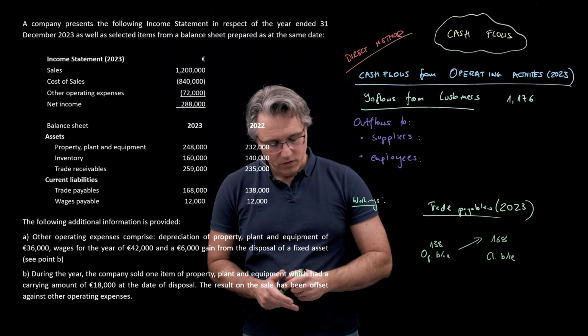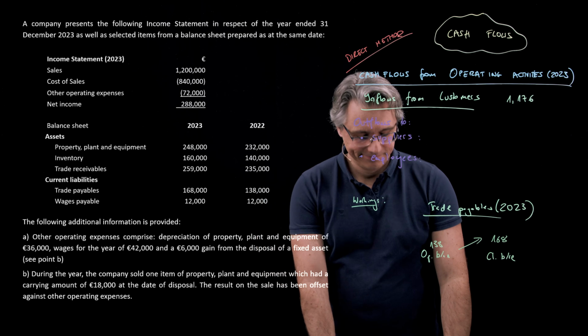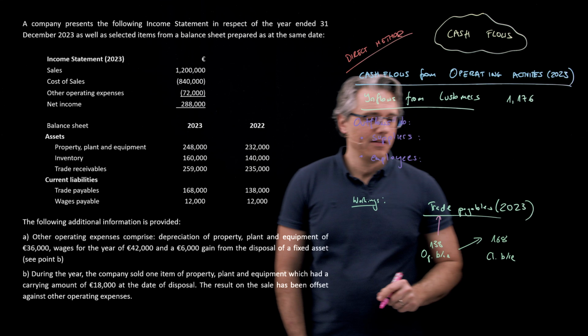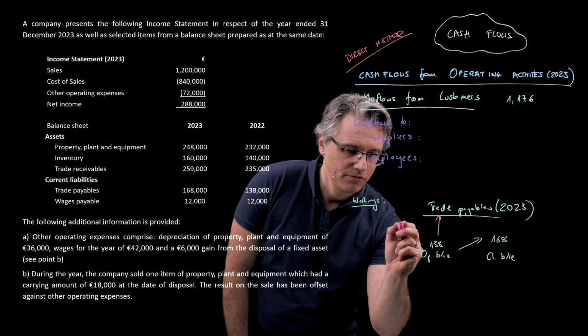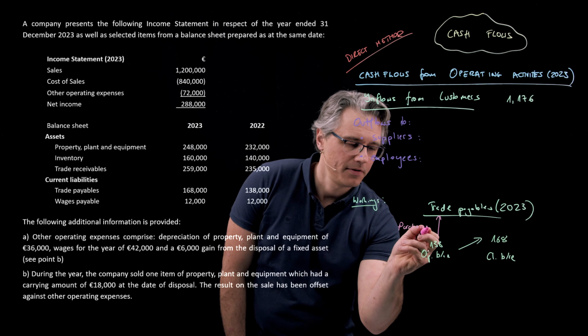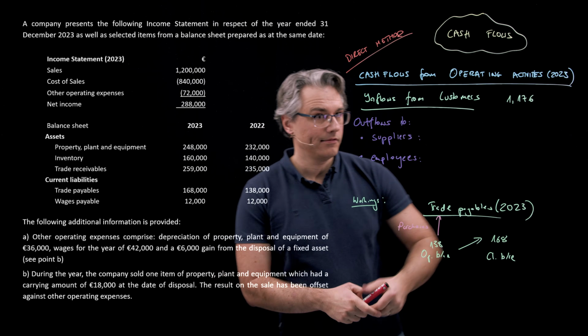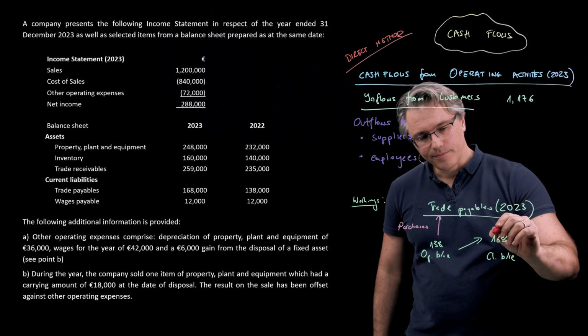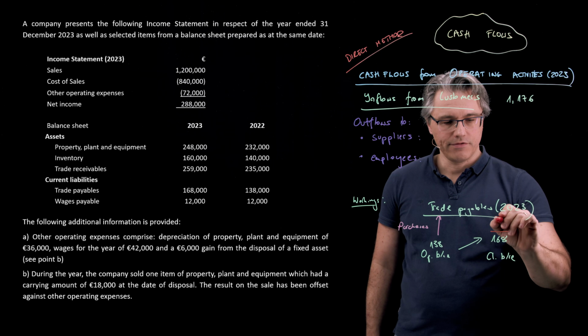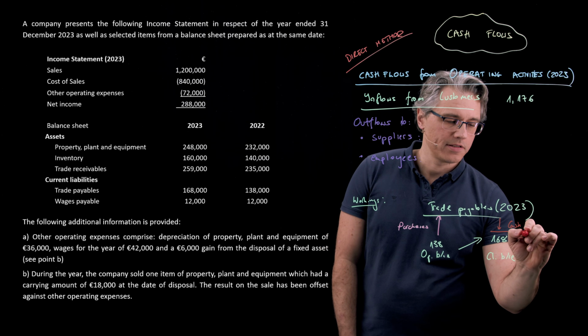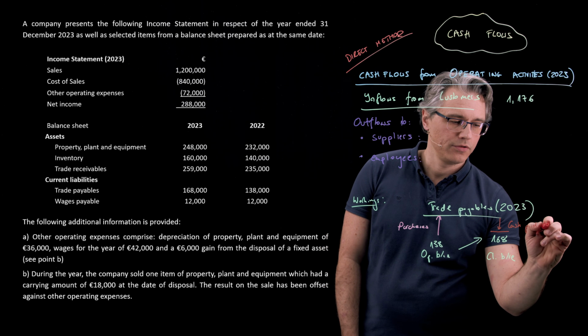However, what happened? Well, during the year, there must have been some additional purchases from our suppliers. But what makes this account ultimately drop to its end of year level was the fact that we paid some cash to suppliers. So cash paid to suppliers.